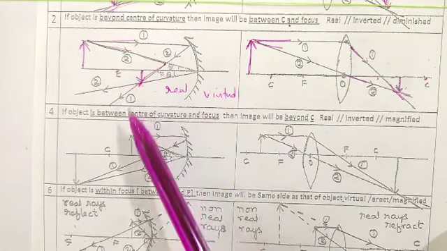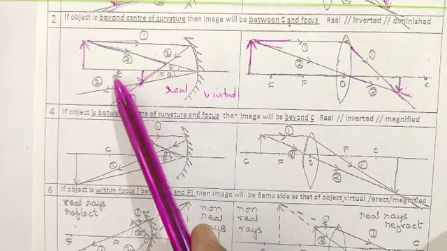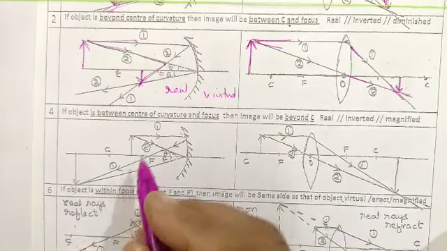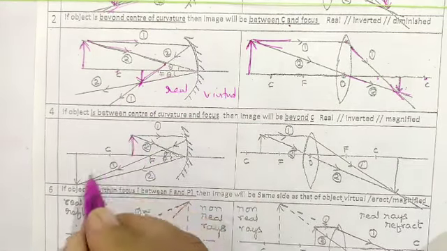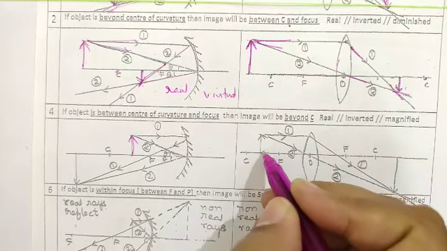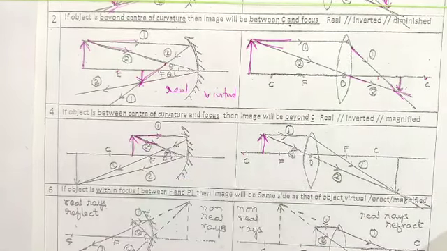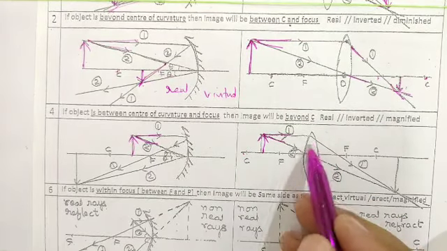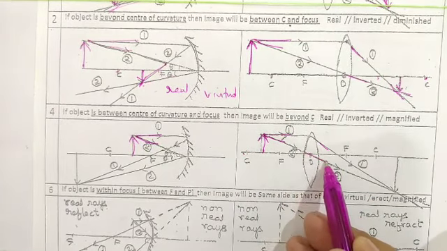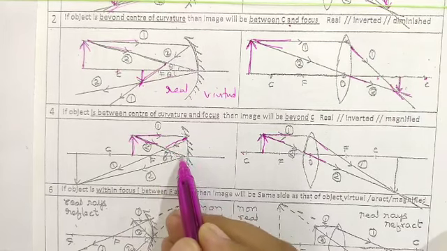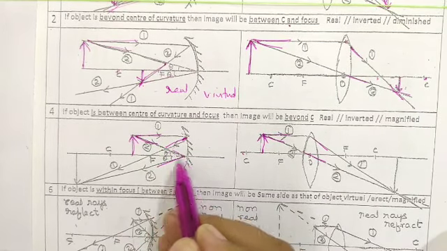Now quite opposite to this. If I keep the object between these two, what happens? If the object is between the center of curvature and focus, two incident rays come from the head of the object. One passes through the focus, the other makes equal angles.